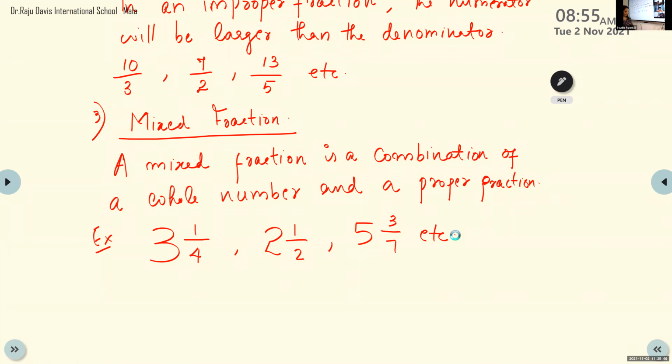Then next, after proper, improper, and mixed fraction, we have unit fraction.